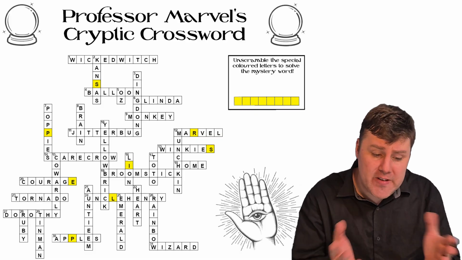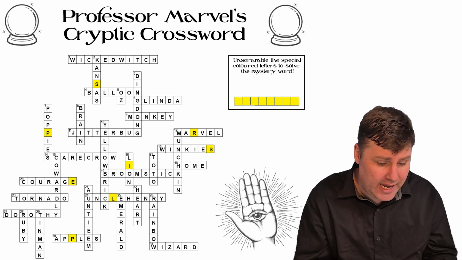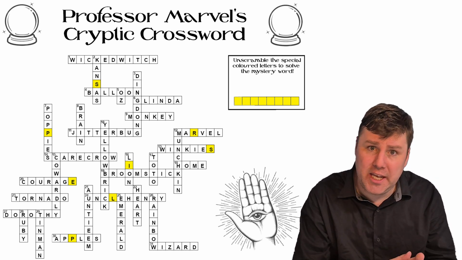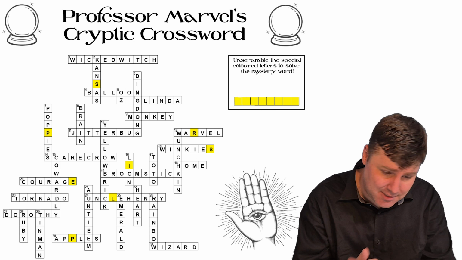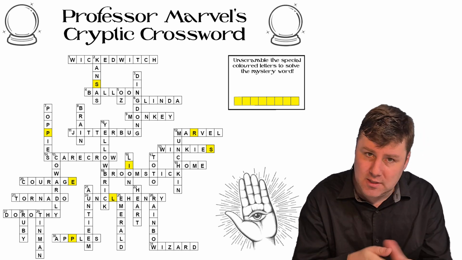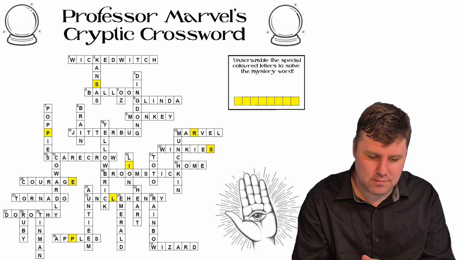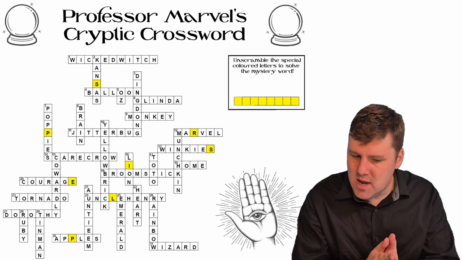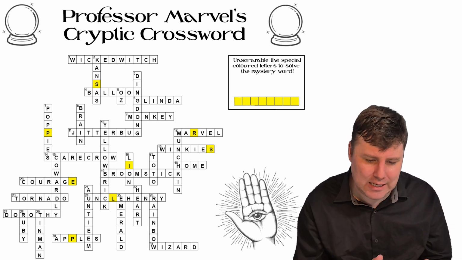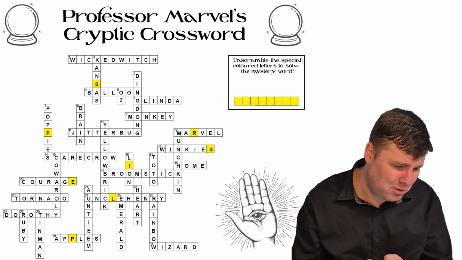Okay, now that we've filled out our cryptic crossword, we've got all the answers. You'll notice there's a little yellow brick road bonus round hidden inside where we've got some yellow marked squares. So let's pluck those letters out and see what we can make of unscrambling the special coloured letters to solve the mystery word.